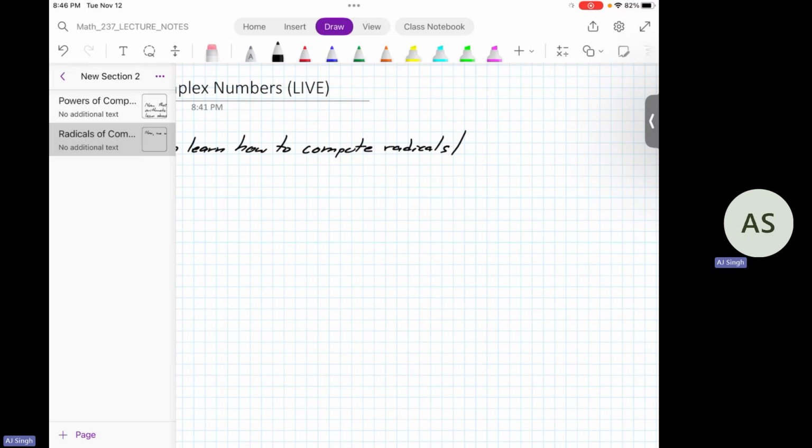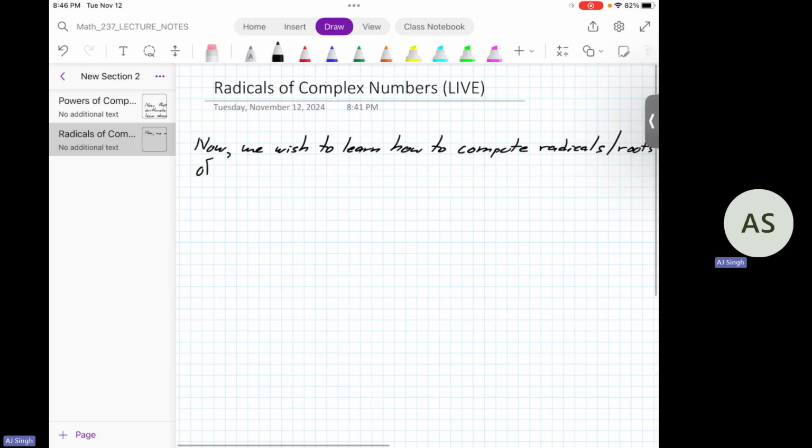Square roots, cube roots, fourth roots of complex numbers. And what they look like is: the nth root of a plus bi, like that.